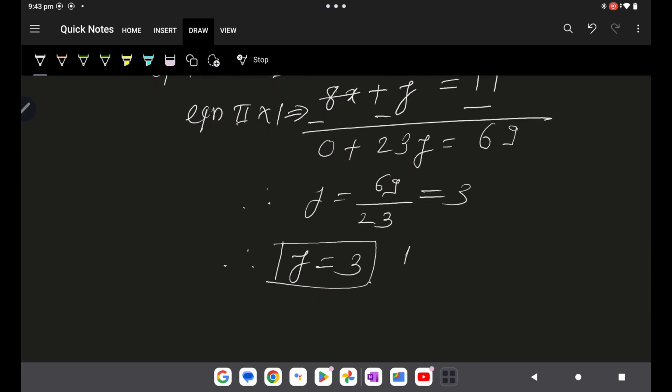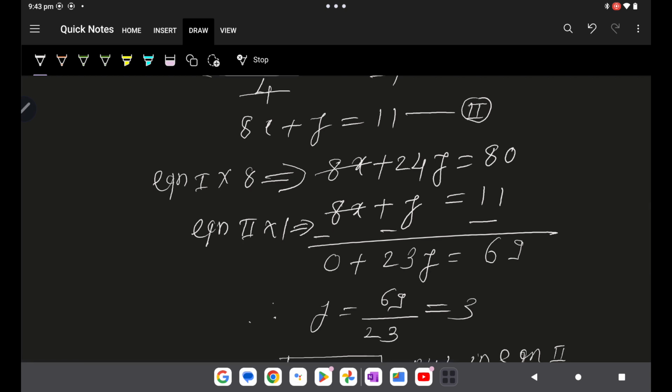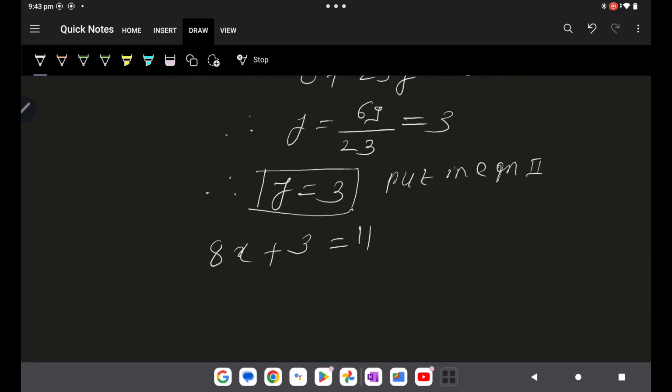So put y equal to 3 in equation second: 8x plus 3 is equal to 11. Therefore from this we find the value of x: 8x is equal to 11 minus 3, that is 8.